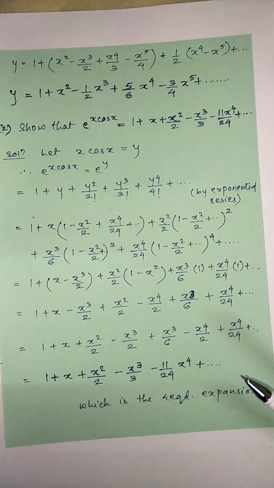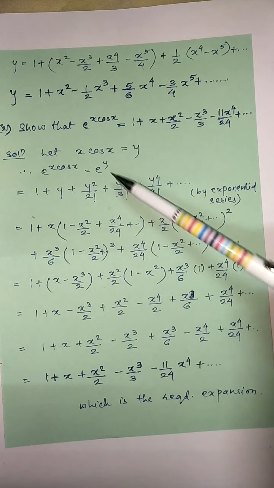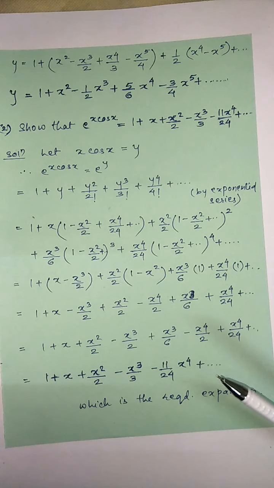We are simplifying the given function so that we can use the standard expansions for solving the numerical, and it becomes easier to solve. Now this is e raised to y. Now for e raised to y, we have a standard expansion.